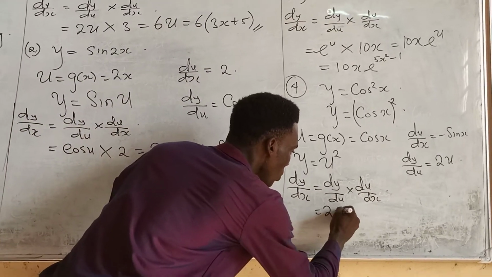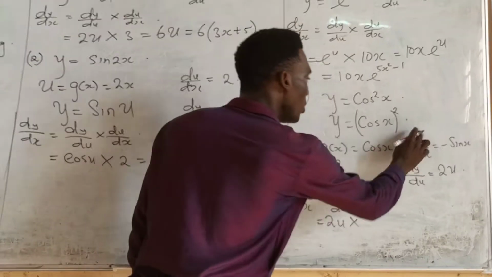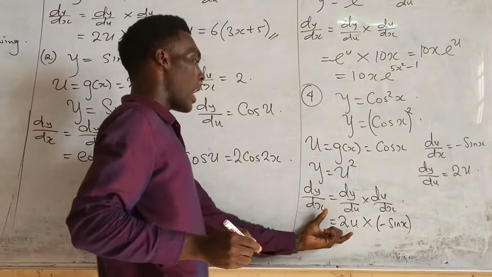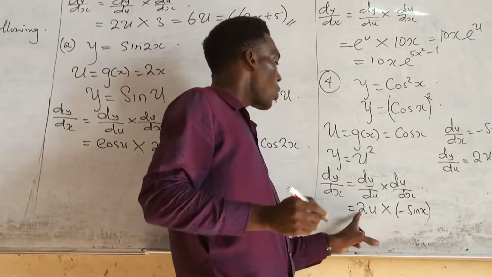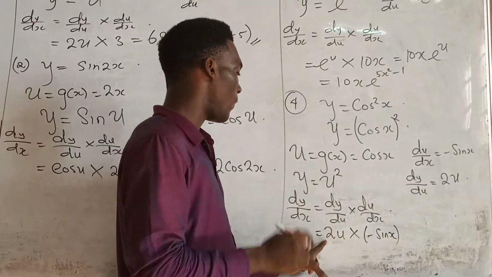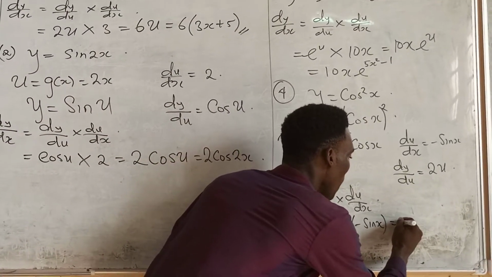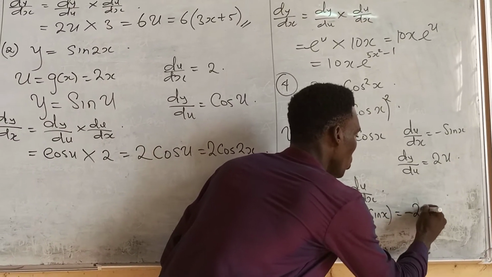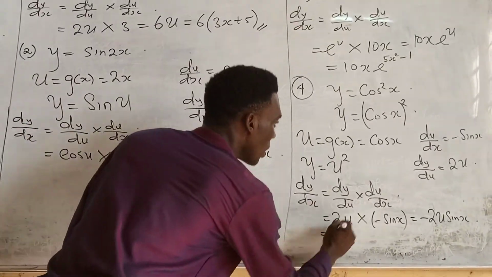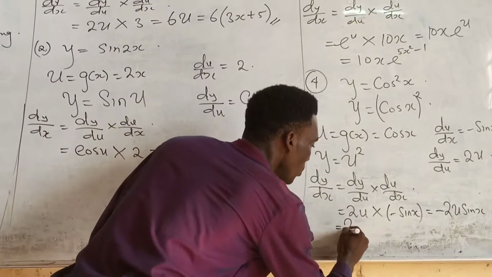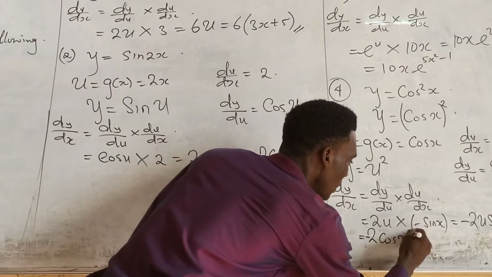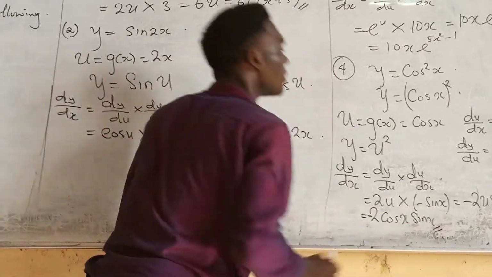It is 2u multiplied by du/dx, which is minus sine x. Arranging this one, the minus sign will come before the constant from the arrangement pattern explained in the first video. So here will give us minus 2u sine x. Now when we replace our u, what's our u? Our u is cos x. So it becomes minus 2 cos x sine x.